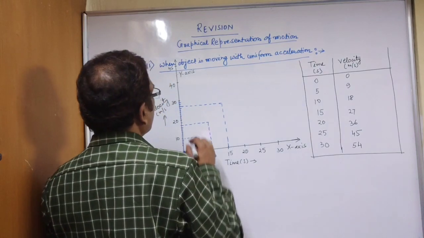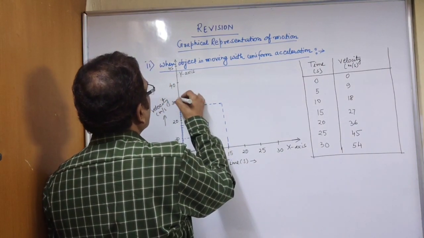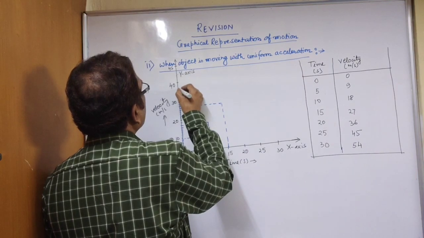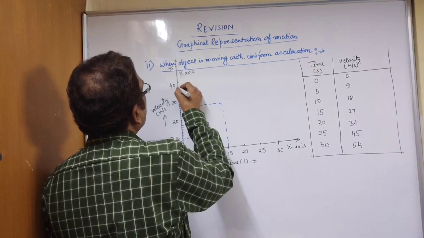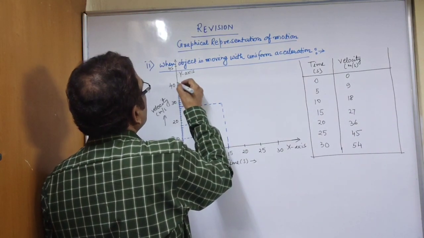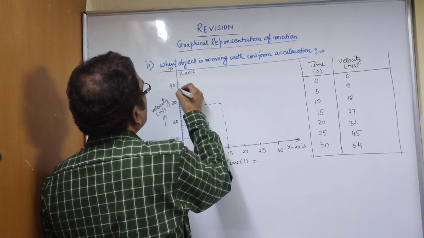Then 36: 31, 32, 33, 34, 35, 36. So 36 is here.